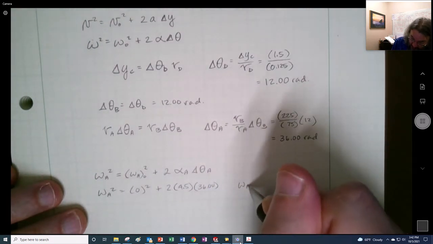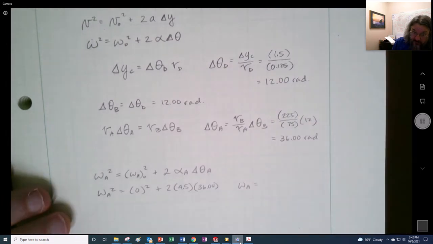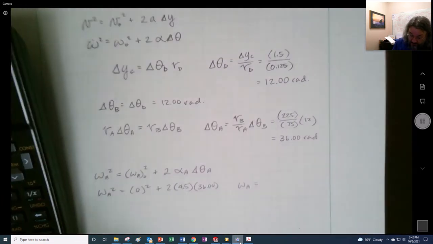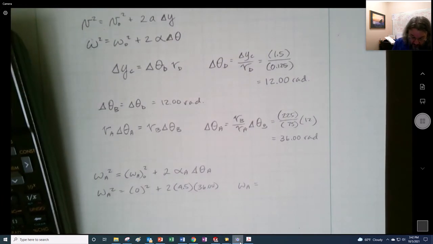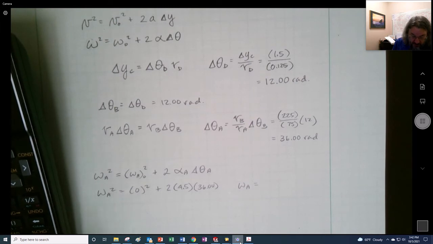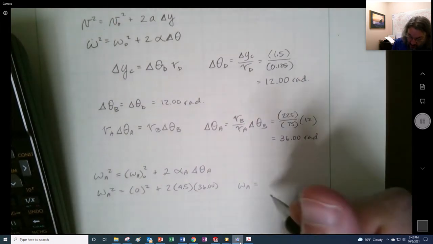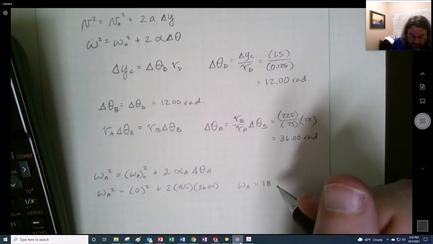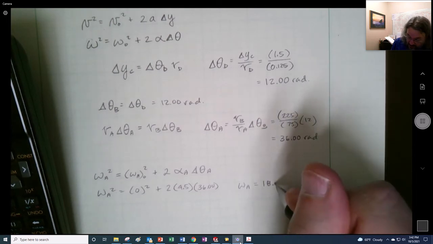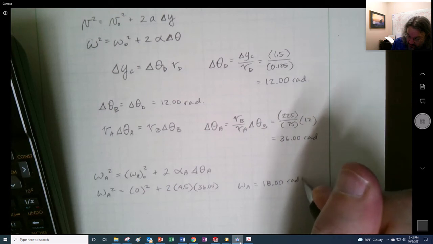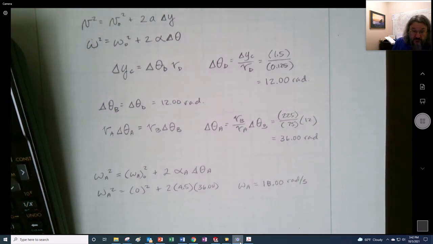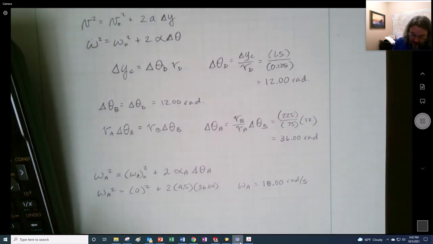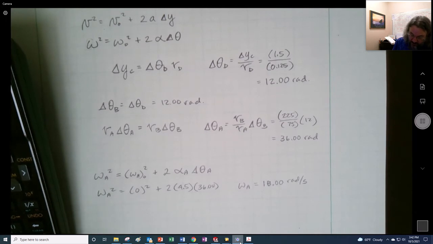We take the square root and we get that omega A is 18 radians per second. Let me double check all my numbers here. 4.5 times 2 times 36, square root. Yep, okay.